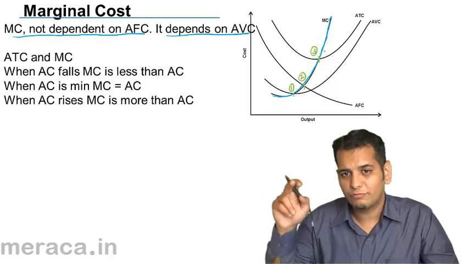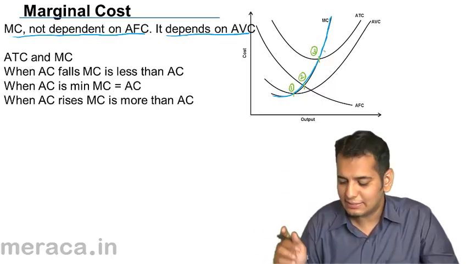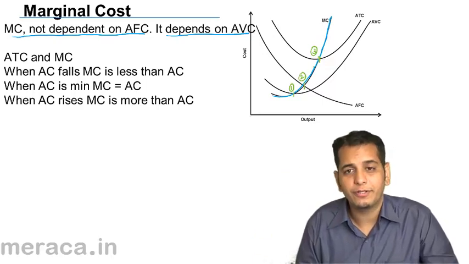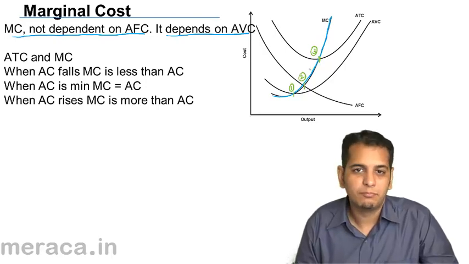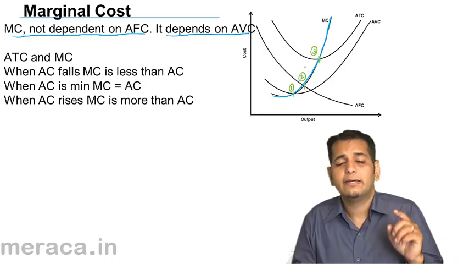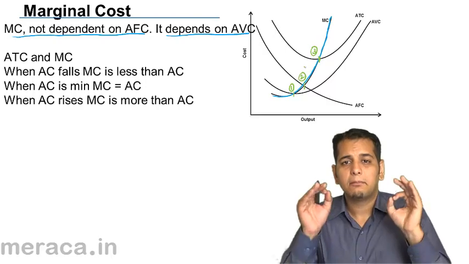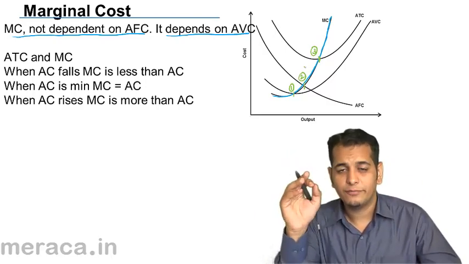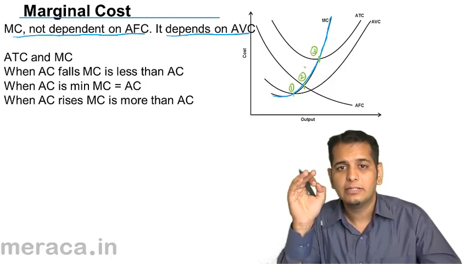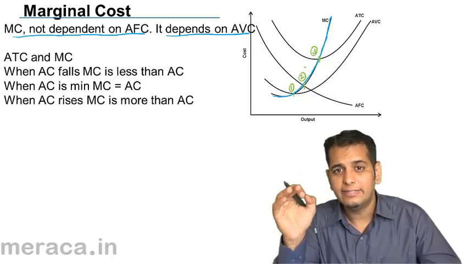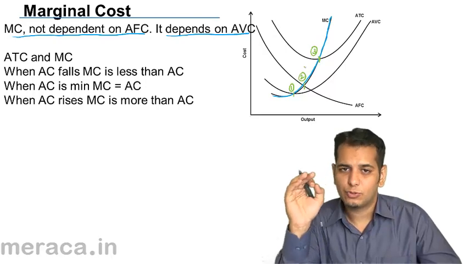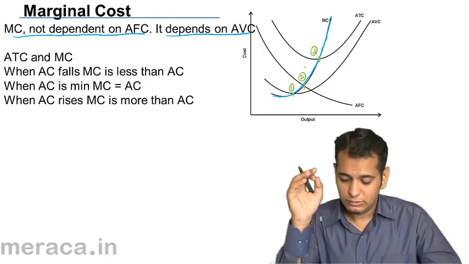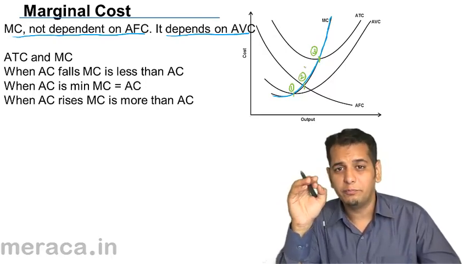The average total cost curve is at its least point, at its minimum point. So we can say whenever the marginal cost curve cuts the average total cost curve, that point will be the minimum point, the least point on the average total cost curve. The cost at that point would be the least.